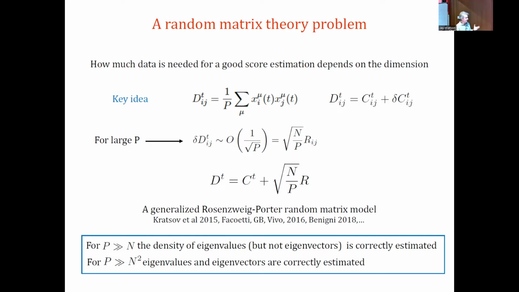Now, the interesting thing is that if I write it this way, the matrix D_t is C_t, the matrix that I'm interested in, that I would like to have as an estimation. And then I have an error, and this error is square root of N divided by P times the matrix R. Now, the matrix R has the correct scaling in large dimension in such a way that the density of eigenvalues is of order 1.